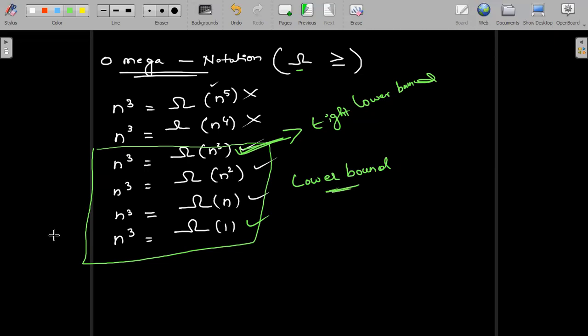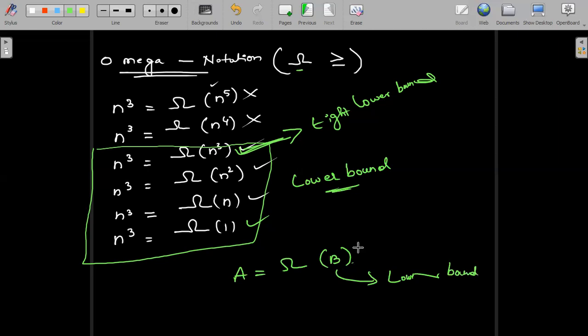Okay, fine, everybody okay? Same thing here also. When you come to any algorithm, you take a is equal to omega of b. Here all the things we will call b a lower bound.